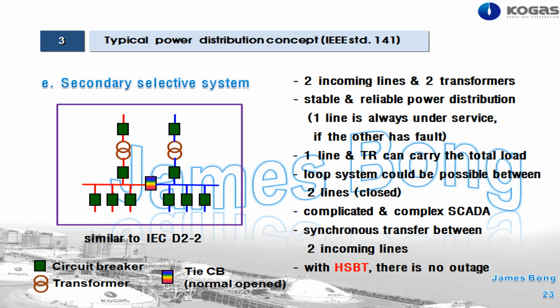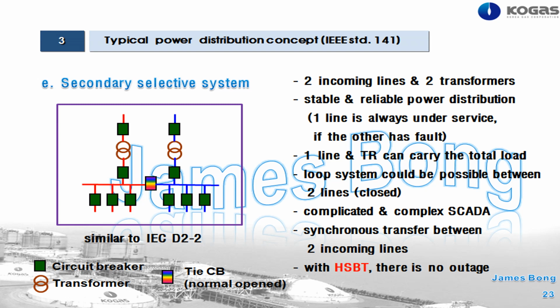Secondary selective system. This is very similar to IEC D2-2. It has two incoming lines originating from different sources and two transformers with the same voltage level. I think this could be more stable and reliable than a radial system or loop system when it has a synchronous function and HSBT.